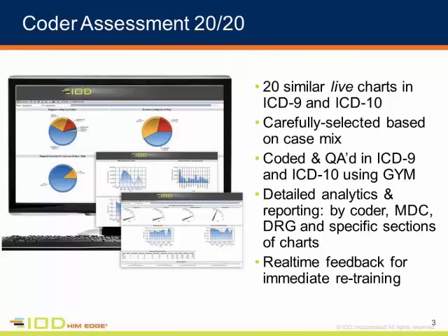The Coder Assessment 2020 allowed for an apples-to-apples meaningful comparison of ICD-10 and ICD-9 performance using charts that we see on a very regular basis. We could see from the get-go the productivity and accuracy loss in ICD-10 and some serious implications.